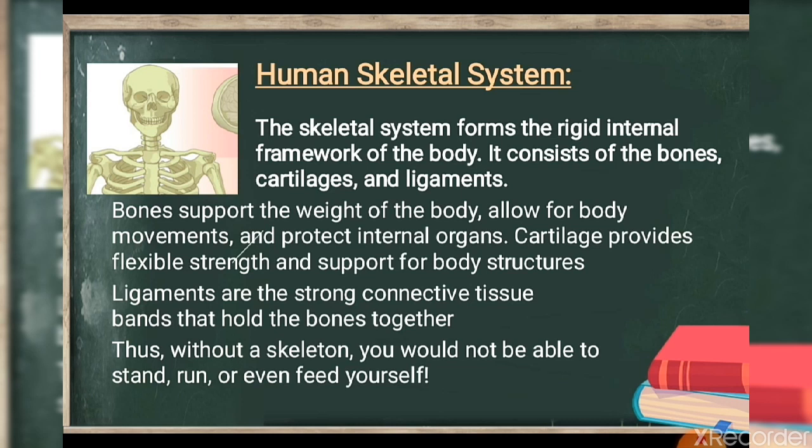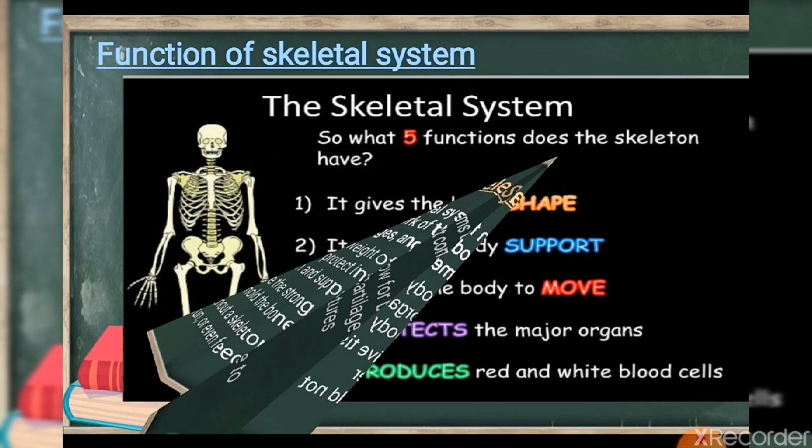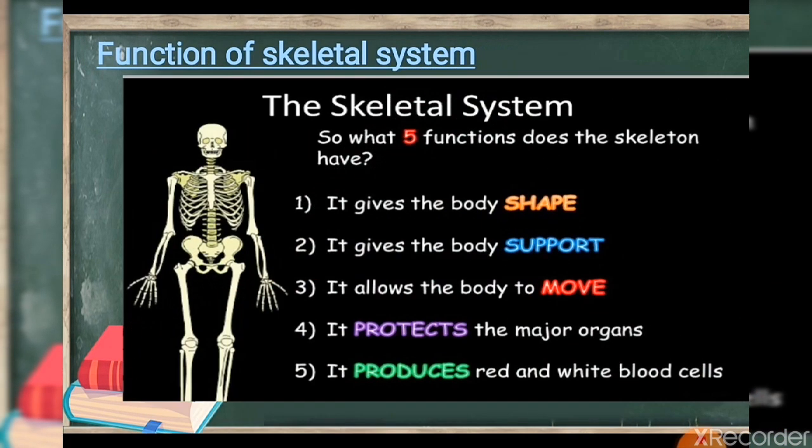Cartilage is also a type of bone, but it is a soft bone and it is flexible, so it gives flexibility to the body. Ligaments are strong connective tissues that hold the bones together. Without a skeleton you would not be able to stand, run or even feed yourself. Got it? Now we will see the function of the skeletal system.